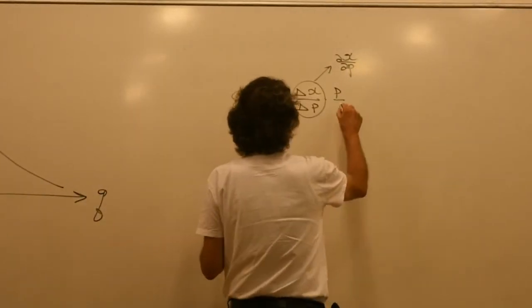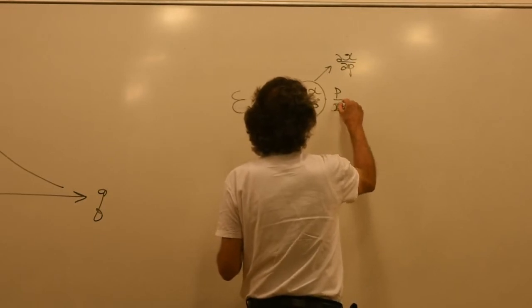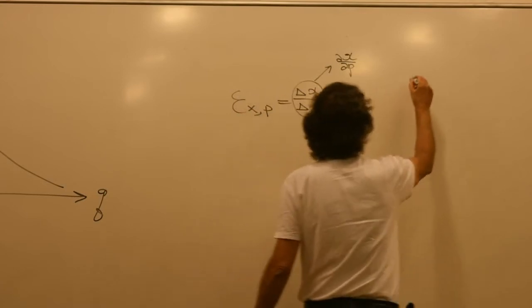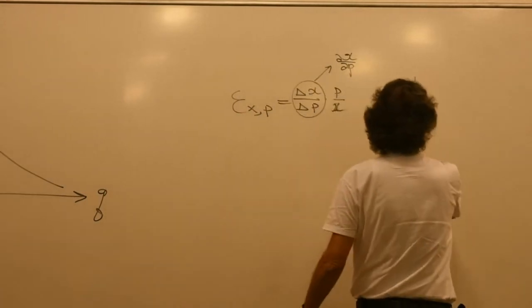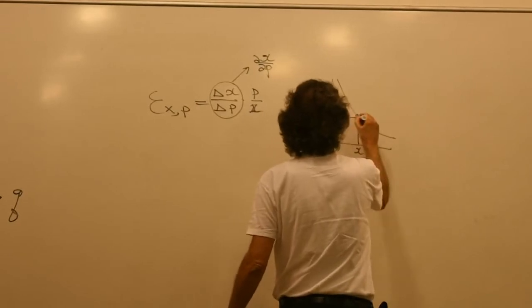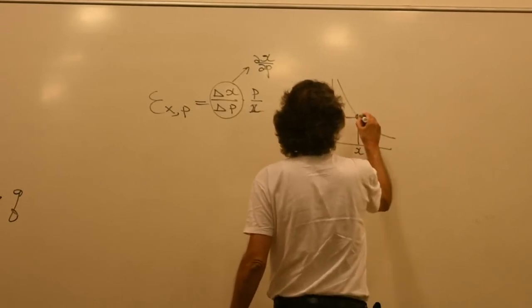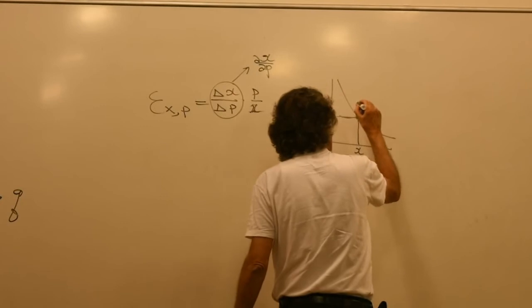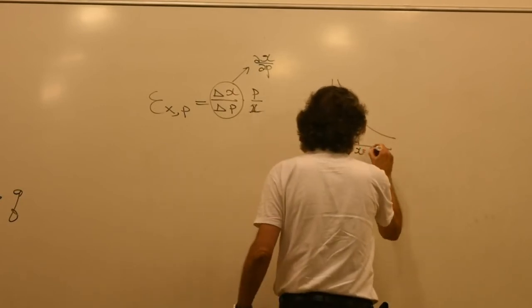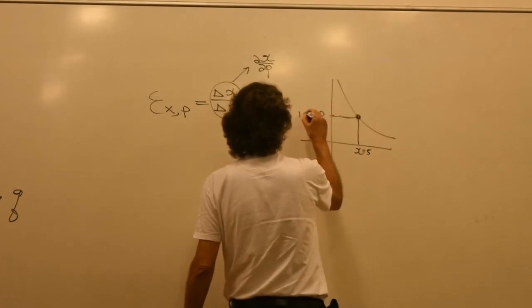So actually what we do, we look at a point x, and in general, if I have this one, this is x, this is p, and I want to find out the elasticity at this point. So let's say this is 5 and this is 10.